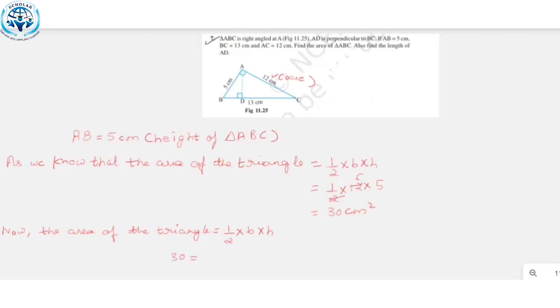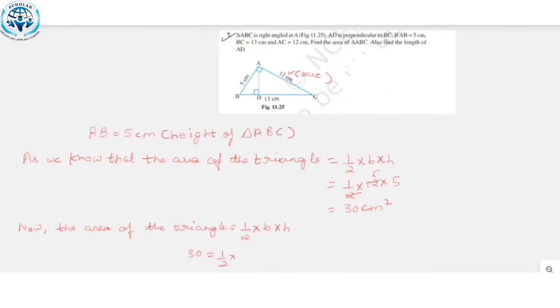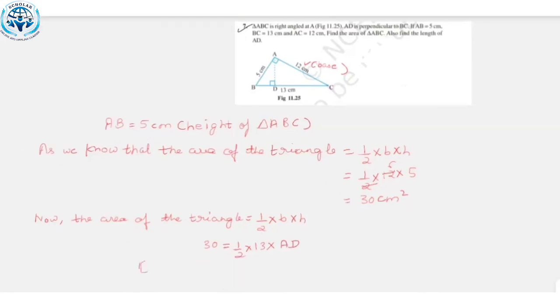Now the area of the triangle is 30. Height is AD.